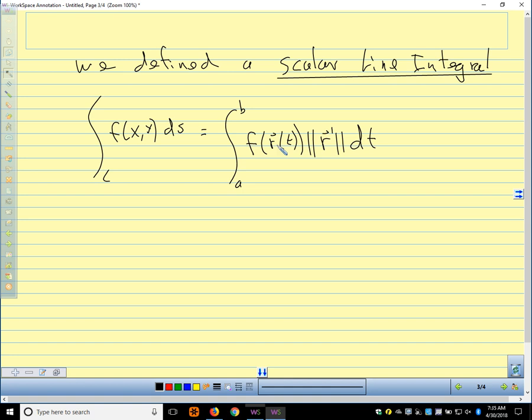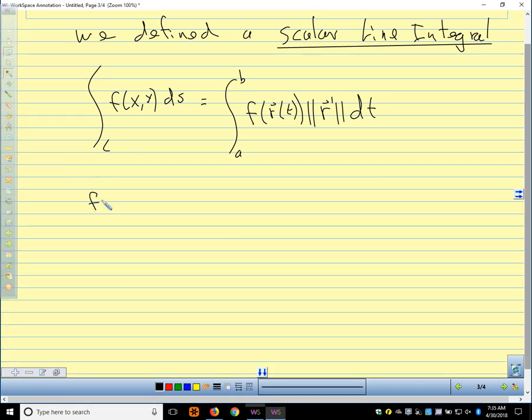scalar surface integrals. So what we want to do for a surface is, we have a function f of x, y, z.